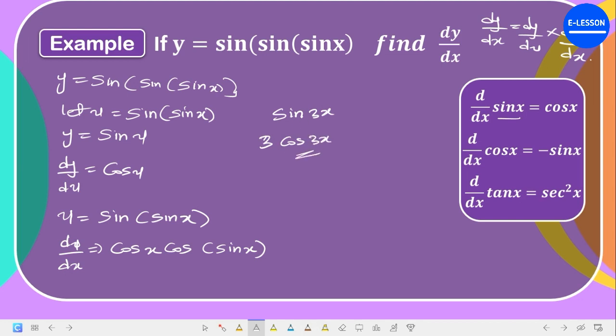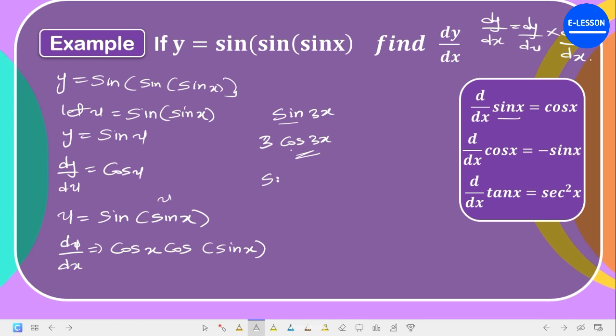That was what we did. First of all, differentiate 3x to give us 3, differentiate the sine to give us cos, then you write 3x again. Same thing is applicable here. If you have du/dx, let's assume that this one is now our 3x. Sorry, u is equal to sine x. This will now be 3.